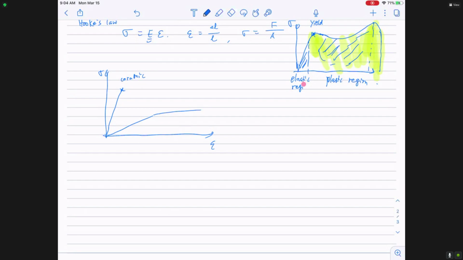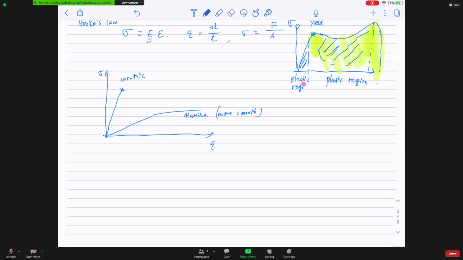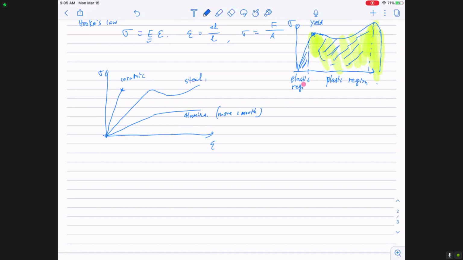That's more smooth if we compare with the steel. This one is much higher, the steel.